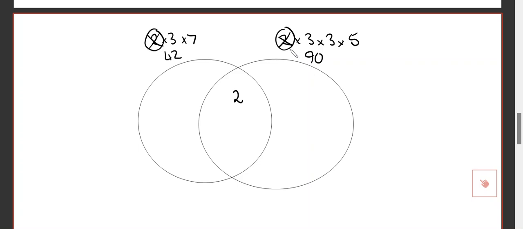And there's also a 3 as well. So I'm going to put 3 because there's also a 3 there. Those two are gone. That one's still there. All right. What do I do with the 7? What do I do with the 3 times 5? Okay.